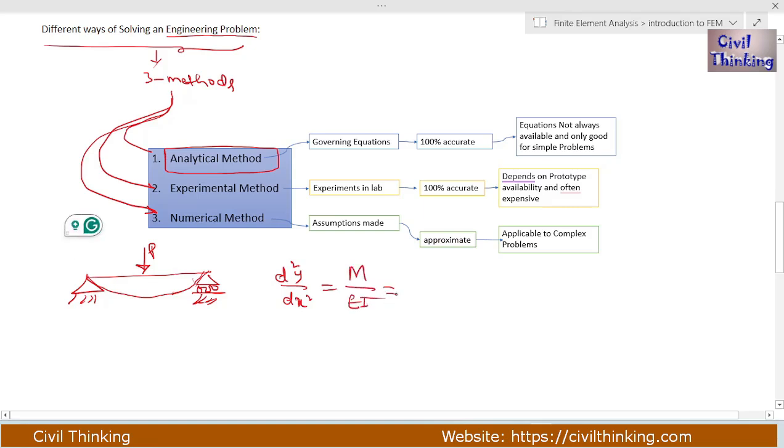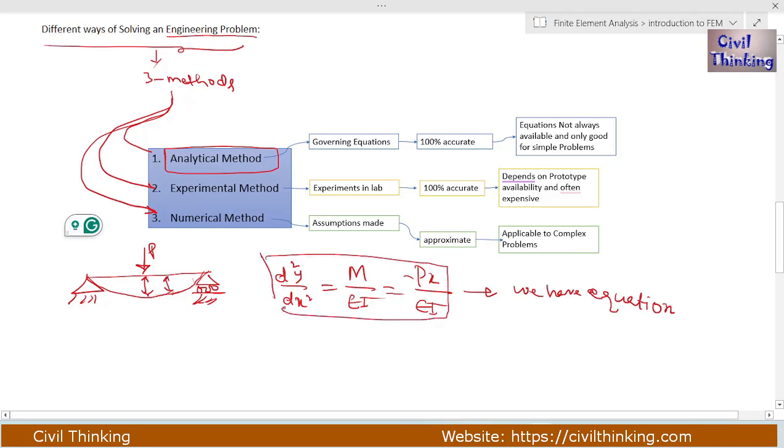Then the moment is, for example, P times x. So we have this governing equation. When we find the deflection here, or we draw the curve, we use governing equations, and they are almost 100% accurate.